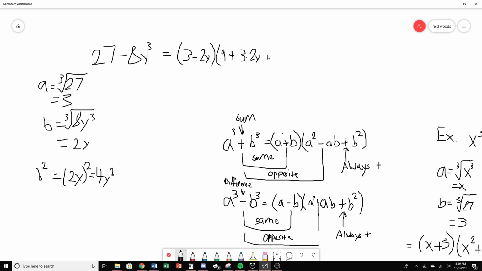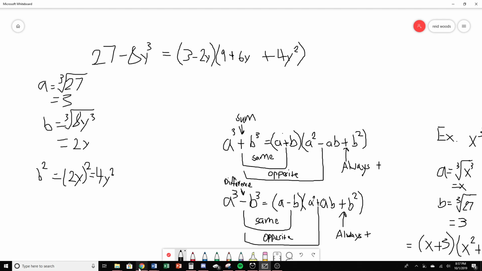That goes here at the very last part, and this is always a plus sign. So this is 4y squared. Now I'm going to go ahead and simplify this. 3 times 2, I can go ahead and do that, so let me change that here to a 6, and that's going to be y. So this is actually my answer to this one.